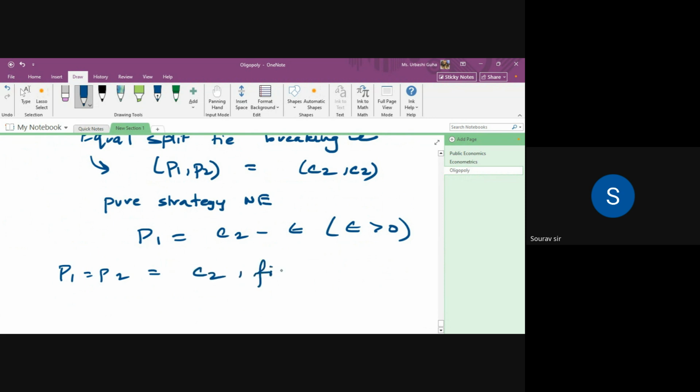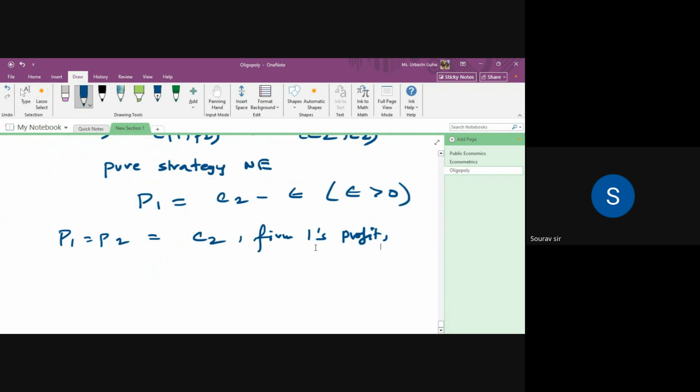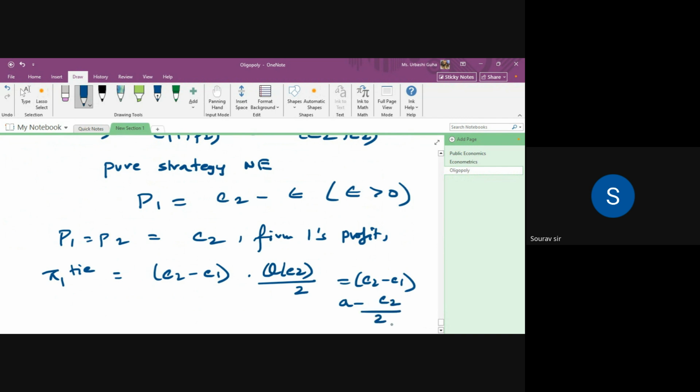So that is firm 1's profit. Okay, that is firm 1's profit. So here we get for the tie, it will be C2 minus C1 times Q of C2 by 2. So that is C2 minus C1 times A minus C2 by 2B.